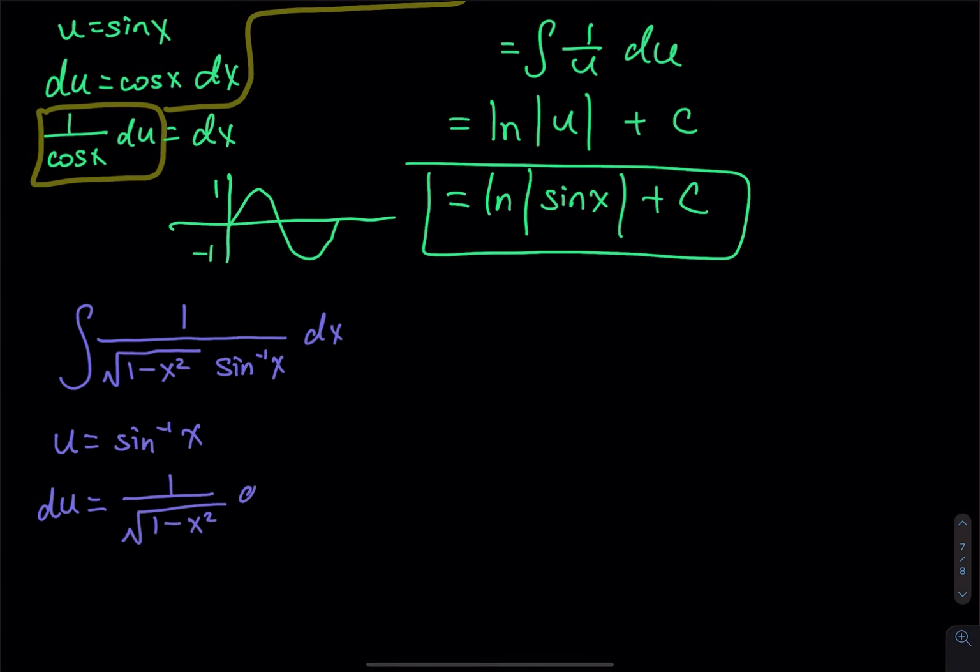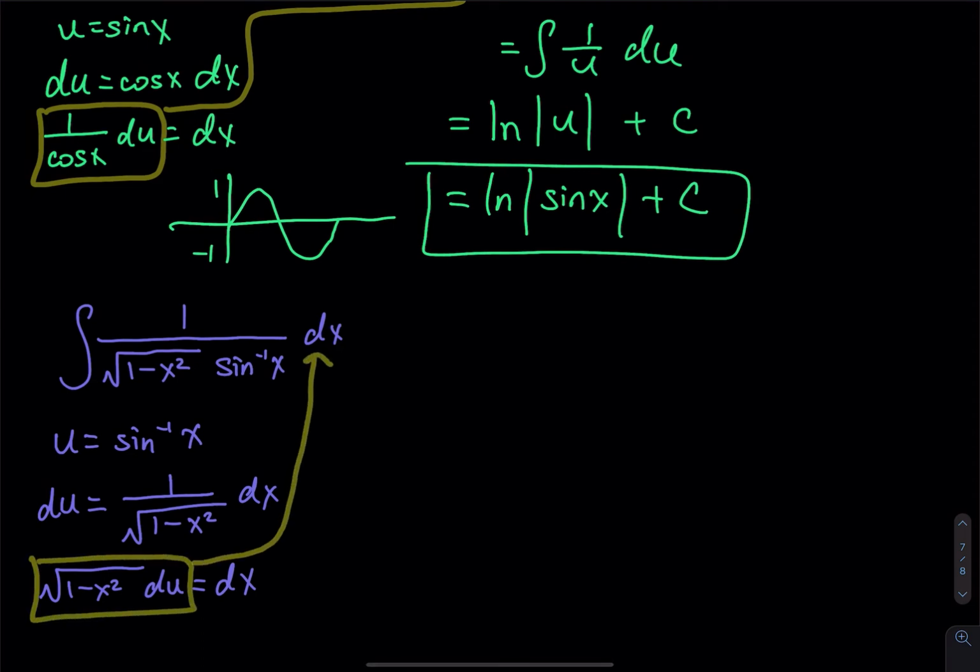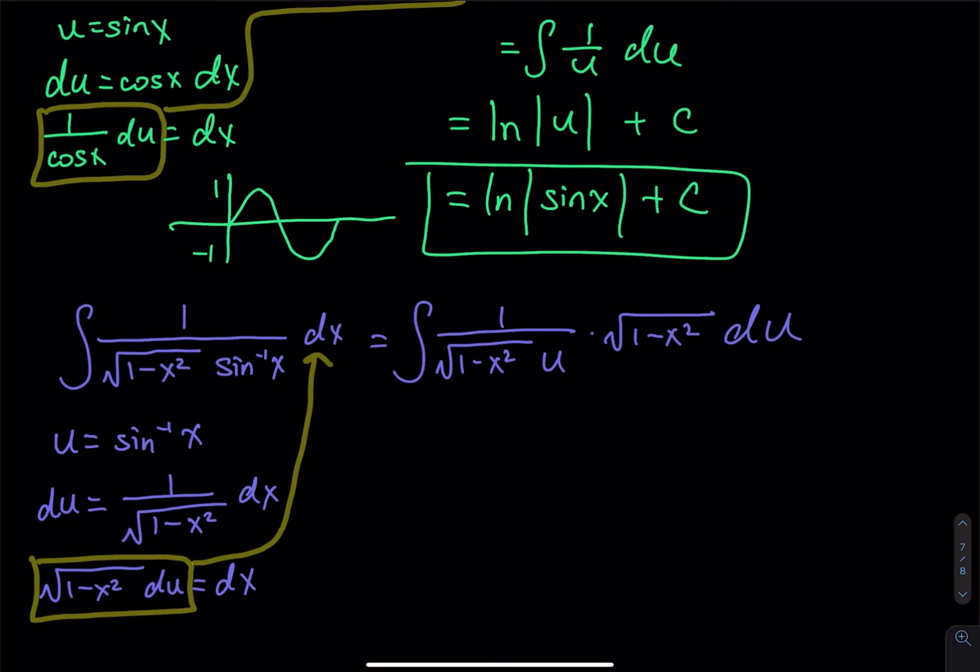x squared dx. Then multiply that on both sides: square root of 1 minus x squared du is going to equal dx. That is just enough to get rid of the square root in the integrand. So that is going to be the square root of 1 minus x squared du, and then you get rid of the square root, so you only have a 1 over u left.